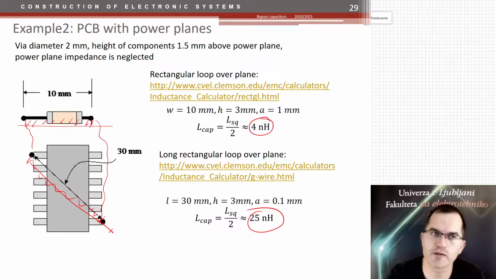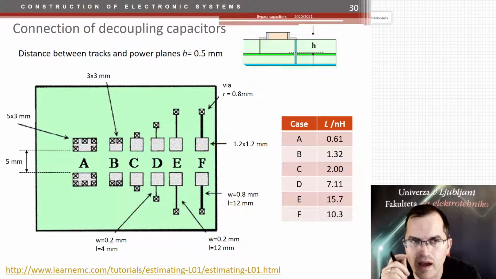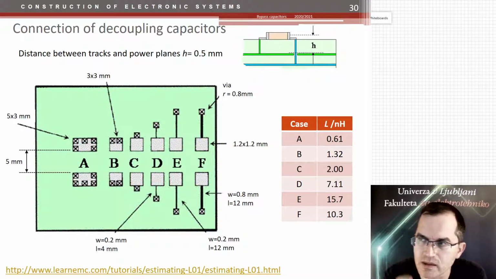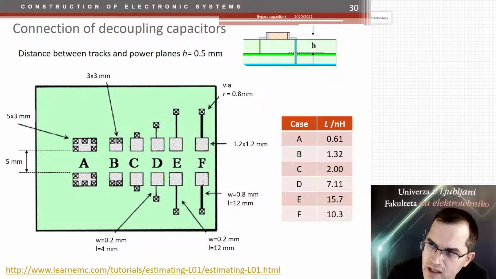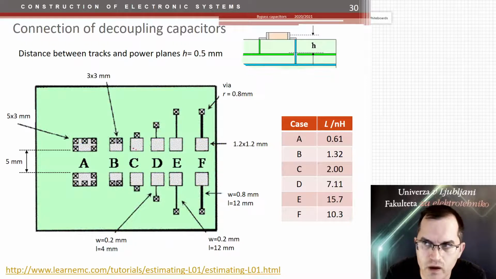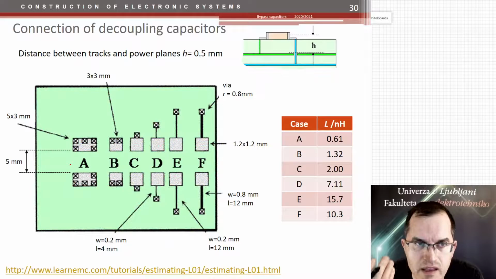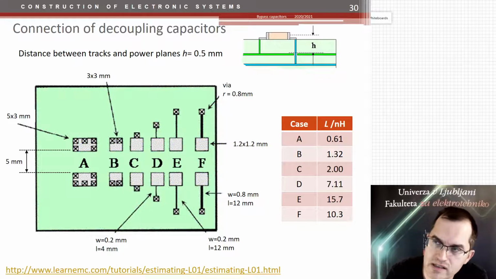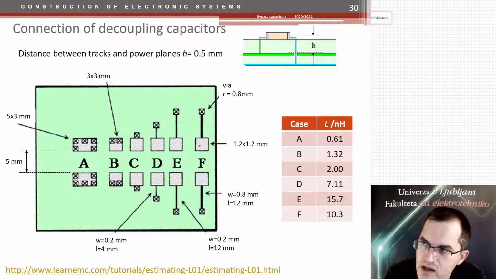And first of all, you have to connect the capacitor as close as possible, which means that you have to shorten the length of the tracks. Maybe don't put just one wire, put more wires to make the connection inductance even smaller. And here is the example of SMT capacitors with additional length of wires, and here are the series inductances.